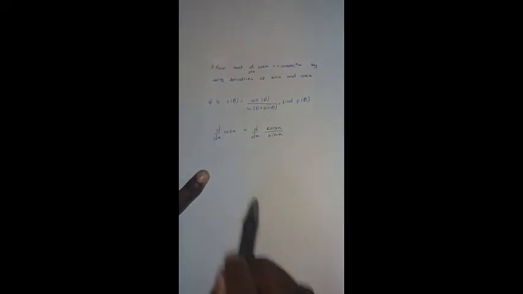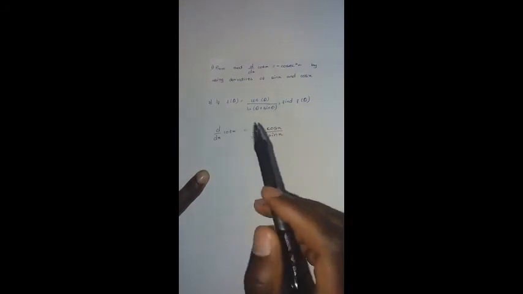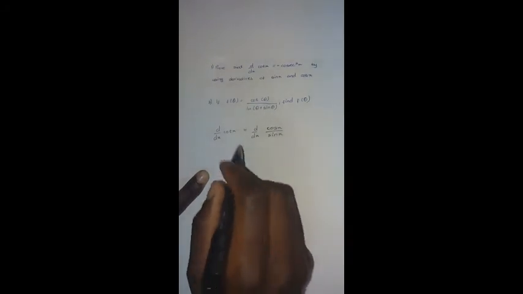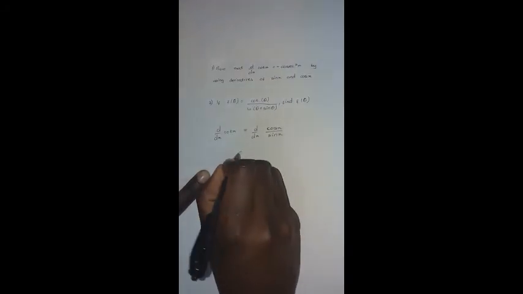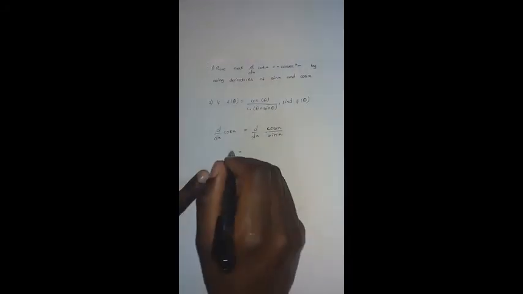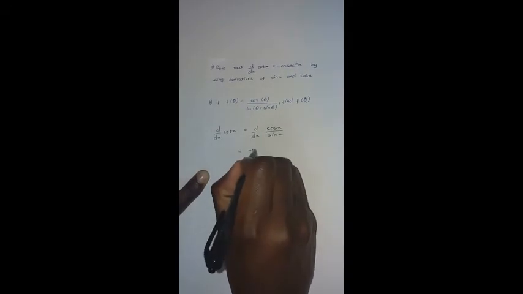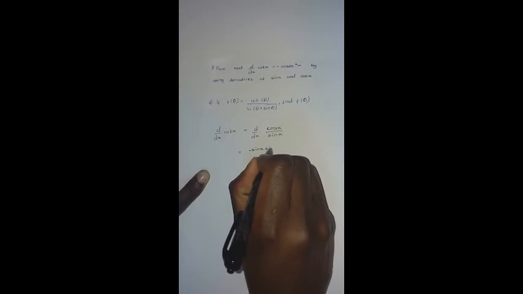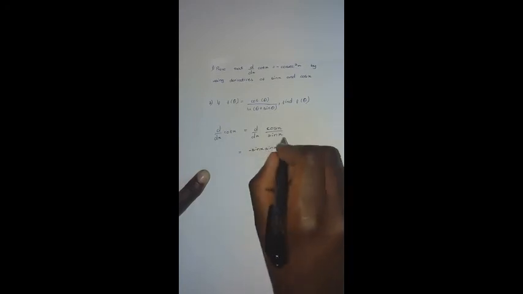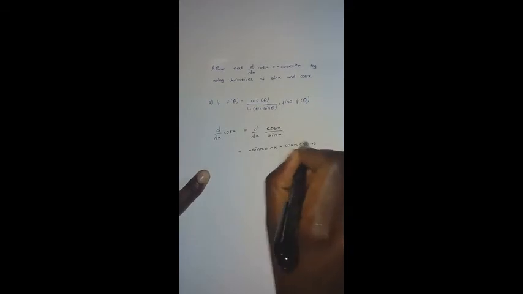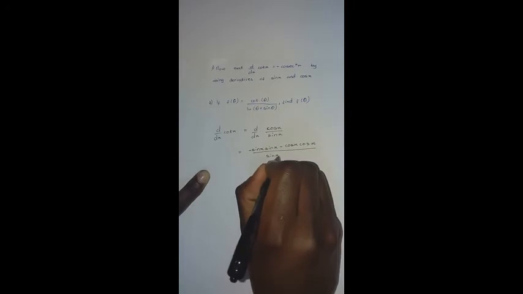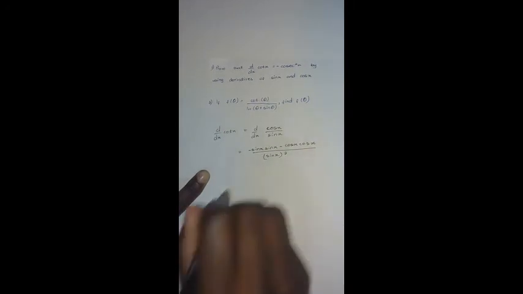And now that you can see that you have the derivative of a fraction, so you're going to use the quotient rule, which will give you negative sine x times sine x minus cos x times cos x over sine squared x.